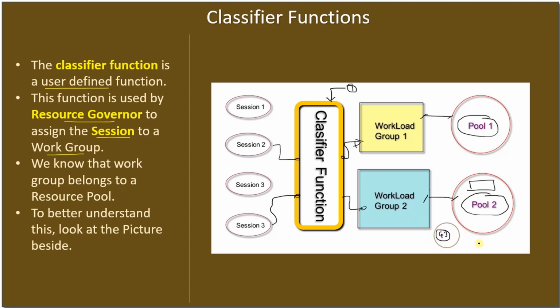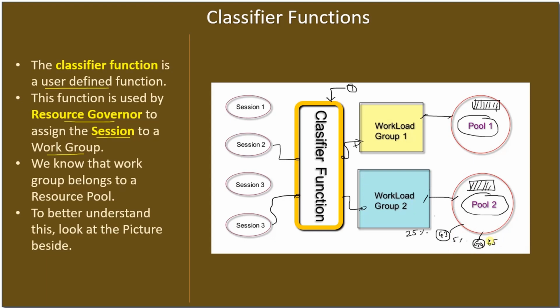Say for example, if there are multiple workload groups G1, G3, G4 that belong to the same resource pool, and this is the available CPU on this pool, here it may be a different CPU availability, and in this we will specify the percentage of CPU to claim. Suppose we state 25% it can claim at most, and this one it can claim a maximum of 75 or 65, and this will claim a maximum of 5%.